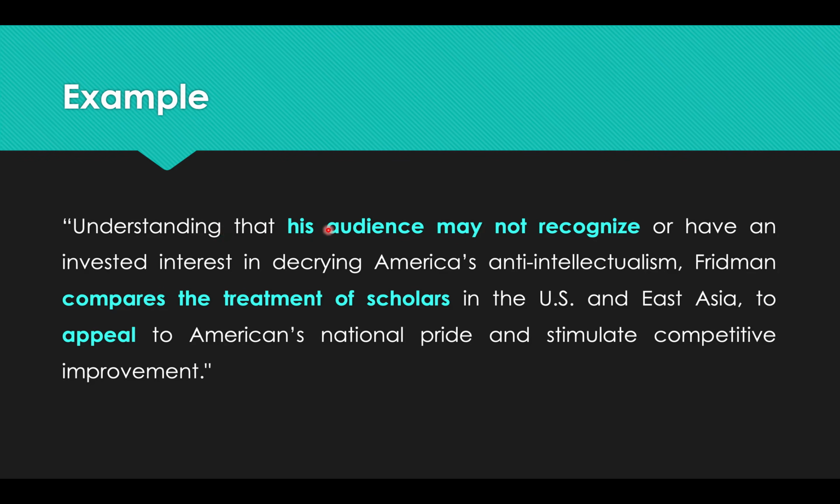Because he understands that his audience may not recognize or have an invested interest in decrying America's anti-intellectualism. Because he knows that we may not care about saying that anti-intellectualism is a bad thing. Maybe we don't care about this topic. Because he knows that, he compares the treatment of scholars here to that of other countries in order to appeal to a national pride. Well, you said a lot of things in that sentence.